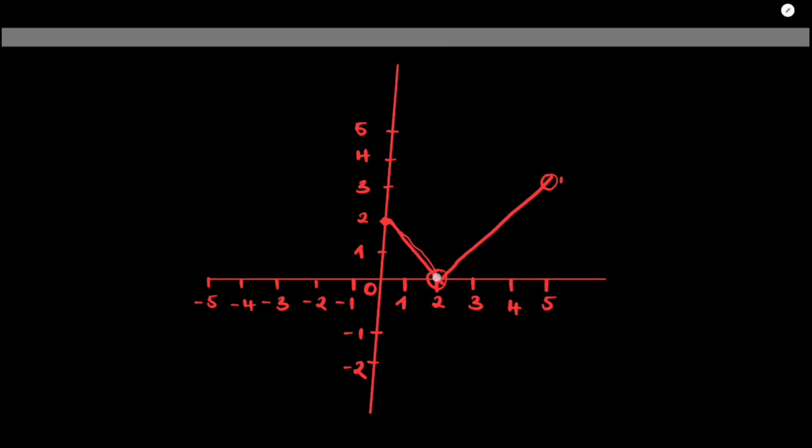Let's count the units: 1, 2, 3, 4, 5. We repeat this. Let's count the units here, it's going to be here. We repeat it. And let's count this one: 1, 2, 3, 4, and 5.